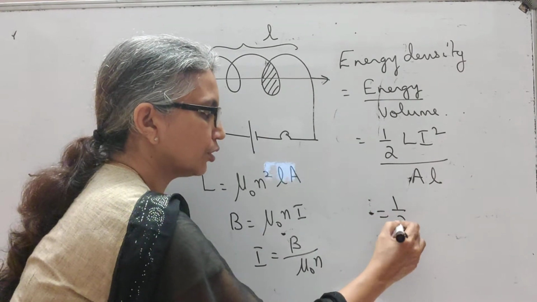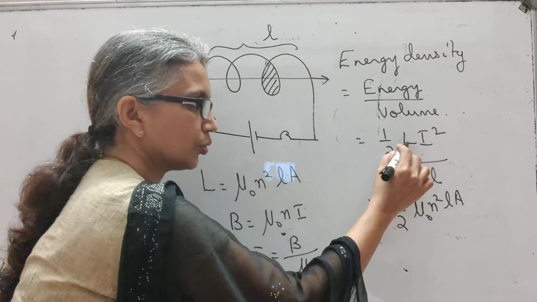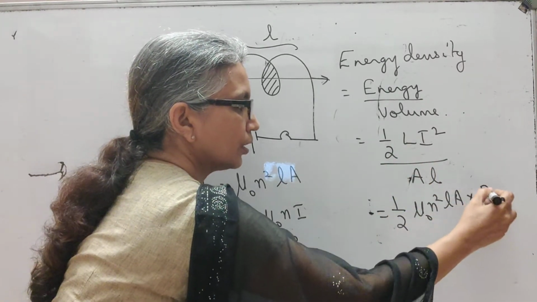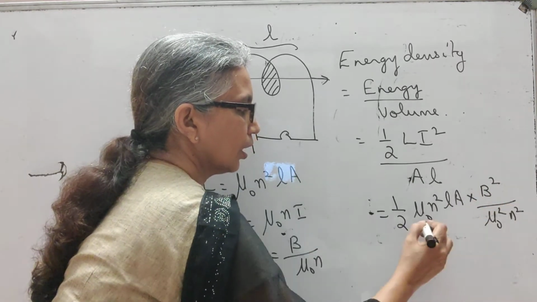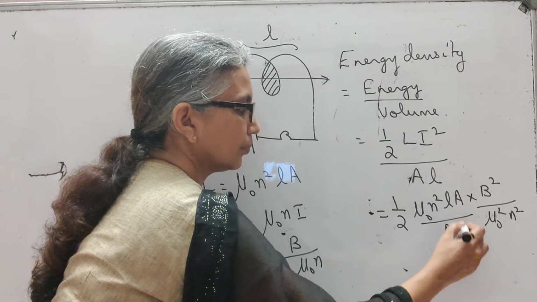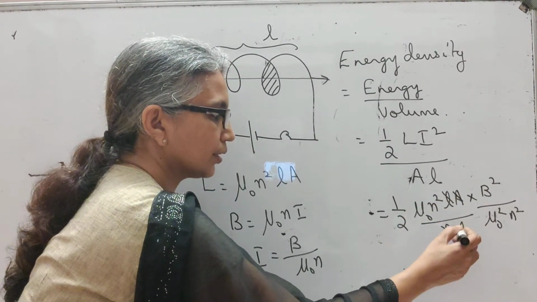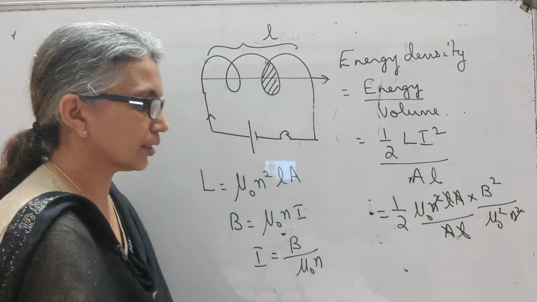This will be half into mu 0 n square lA, substituting for L. Then I will substitute I as B square by mu 0 square n square, divided by A l. So this n square and this n square get cancelled.